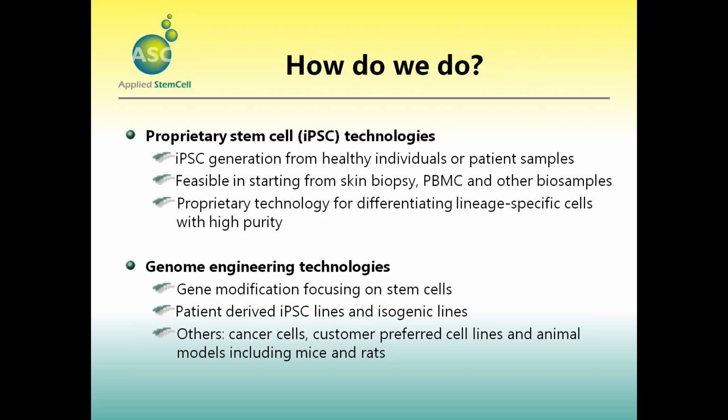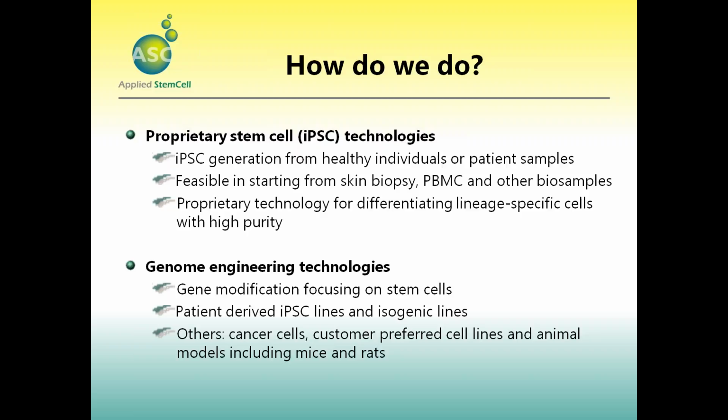So to establish the iPS cell disease models, Applied StemCell uses proprietary stem cell technologies, which enable us to generate iPS cells from healthy individuals or patient samples, starting from skin biopsy, PBMC, and other biosamples, and then differentiate them into lineage-specific tissue cells with high purity.